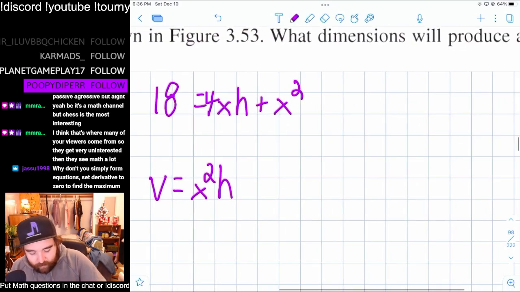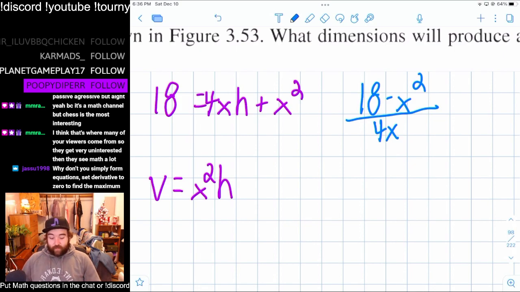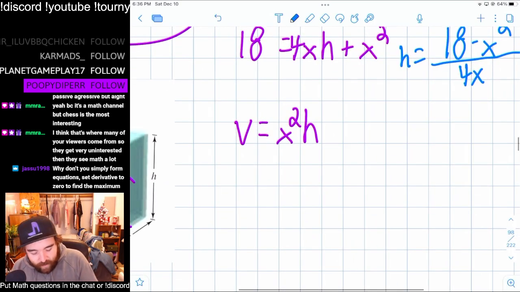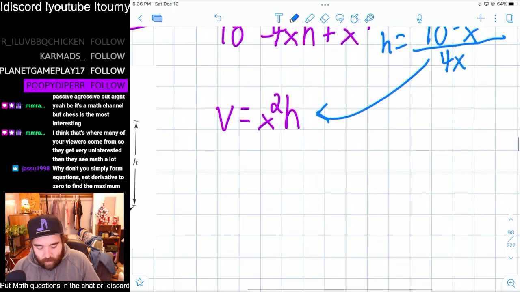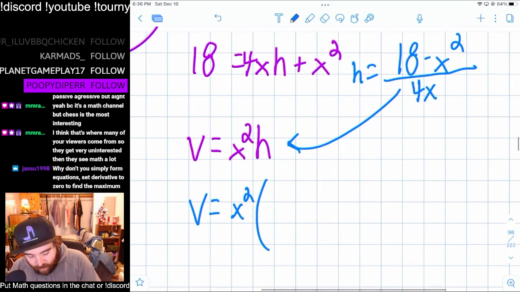So let's take this top equation and solve it for h. So subtract x squared and divide by 4x. That's going to be a tough equation. I guess not. So that is h. H equals that. So now we come down here into the volume equation and replace this h with it. So now we have an equation for the volume that only involves one variable.